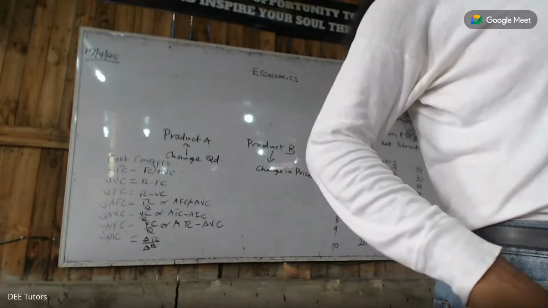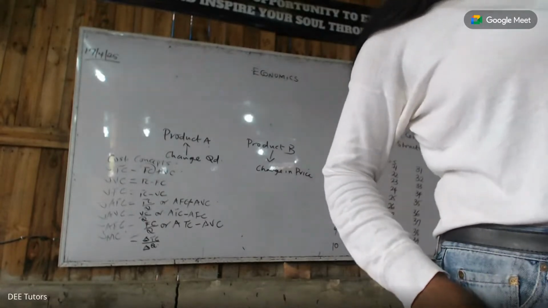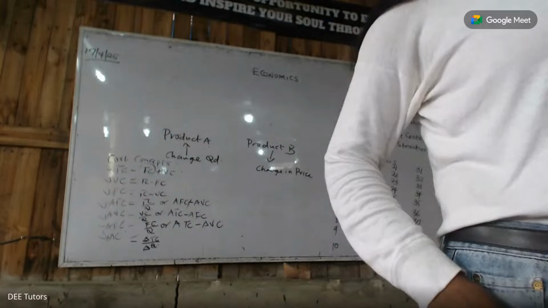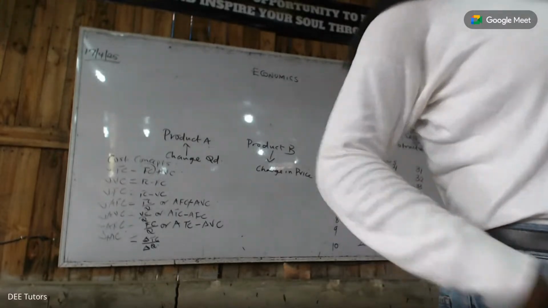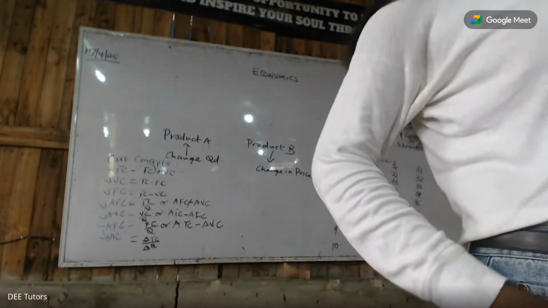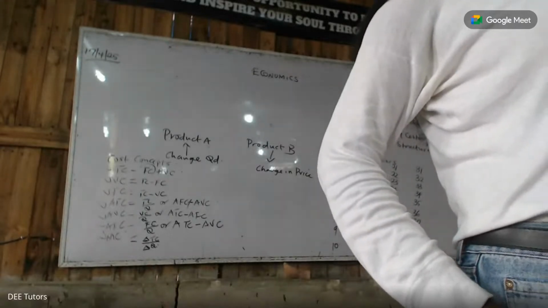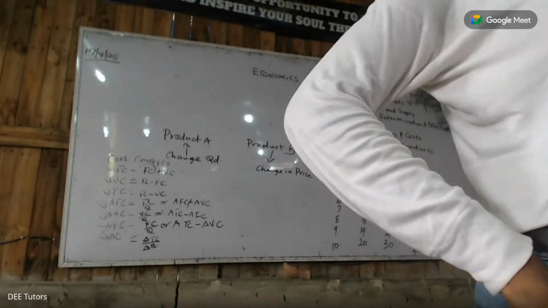B, X and Y are substitute goods. C, X and Y are independent goods. D, X and Y are jointly supplied. E, X and Y are inferior commodities.